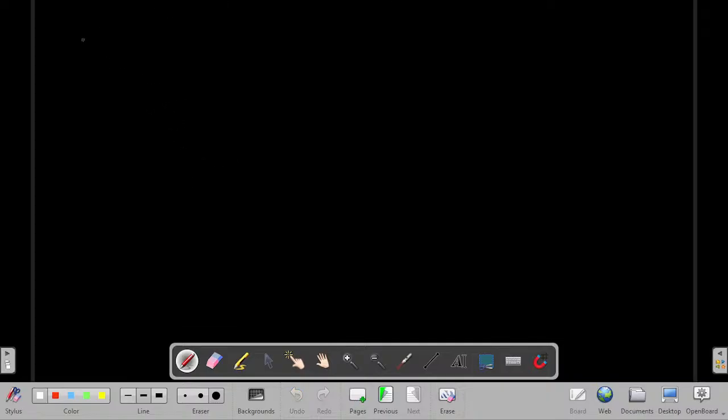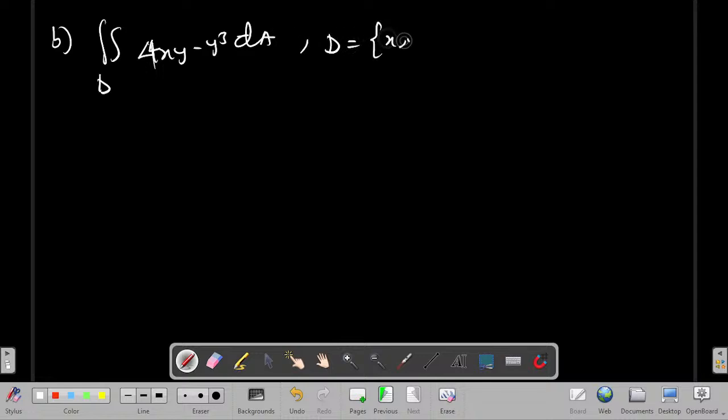So on general region, let's see this problem. Double integral over the region of 4xy minus y cubed dA. Now my region D is given as, let's see the definition.